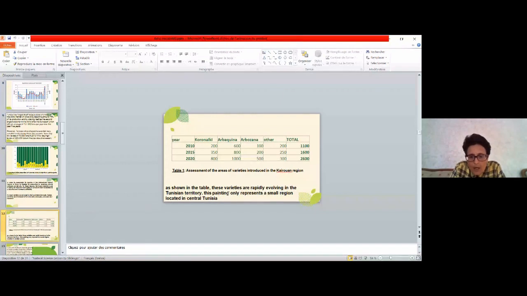This table only represents a small region located in central Tunisia. The region of Kairouan is a central region where foreign varieties occupied in 2010 only 1,100 hectares, which increased to 2,600 hectares this year.